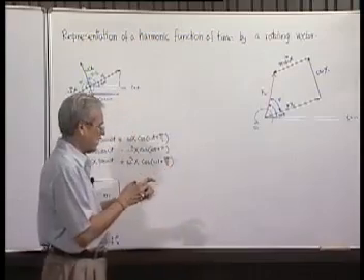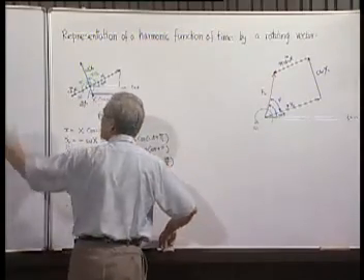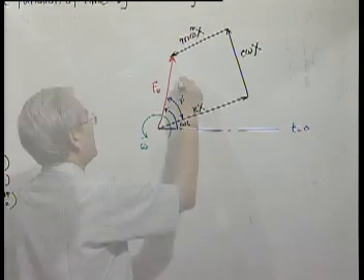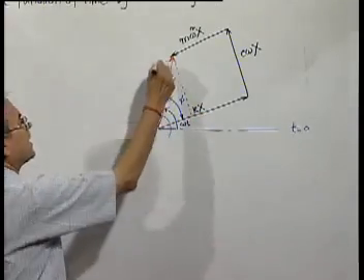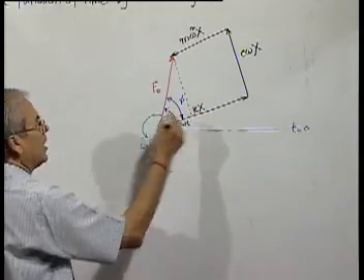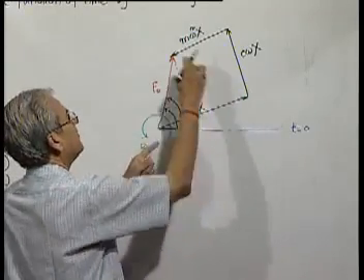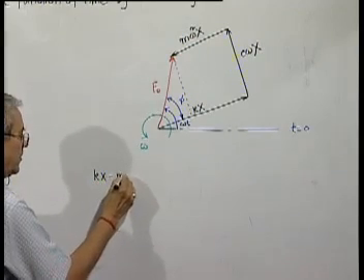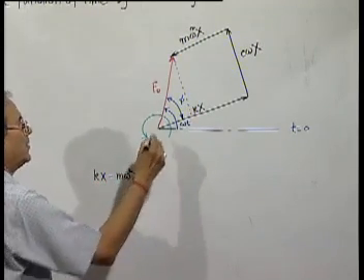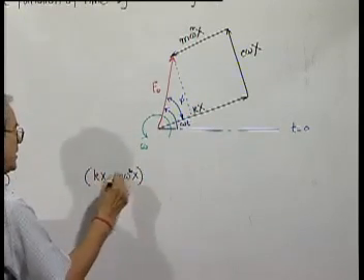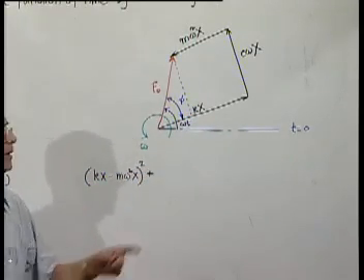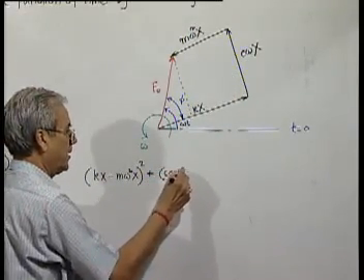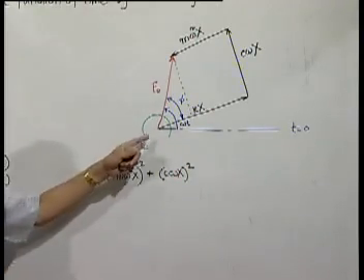Now, once this diagram is ready, we can derive the results directly from this. So, for example, we can consider this right angle triangle, where this side is how much? It is kx minus m omega square x. If we square it, and this is equal to this itself, we square it and add, what we get is nothing but f0 square.